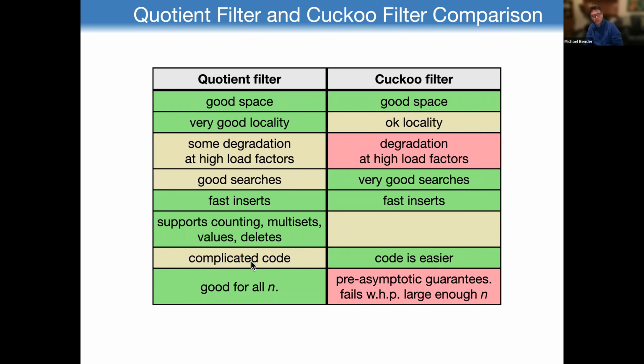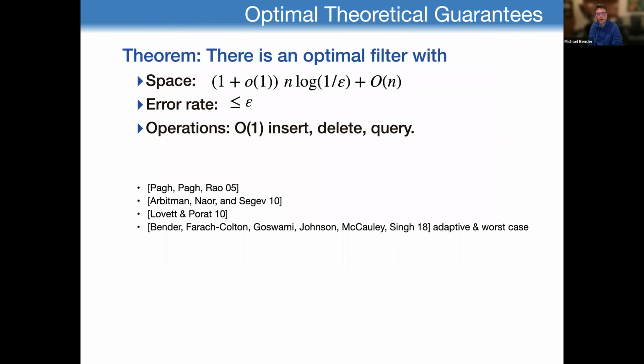The cuckoo filter code is easier. The quotient filter, I said, is complicated. So they're both using, at a high level, very similar techniques and just a different way of hashing the fingerprints. Okay, so I'm nearing the end.